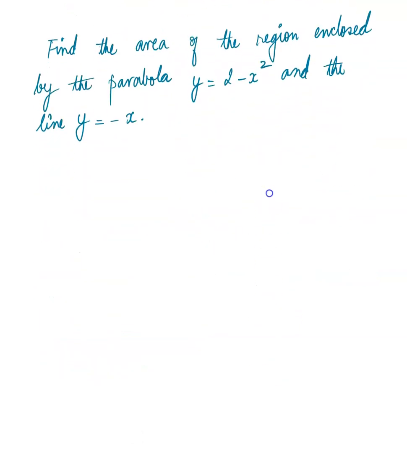Okay. It's 2 minus x squared, so you know your graph will be facing down, right? It's a parabola that's pointing down. And y equals negative x. y equals x would be like this, but if it's negative x, it's going to go down like this, right? So I want to just sketch this, and I will show you an actual good-looking graph. So I know that this is going to be something like this.